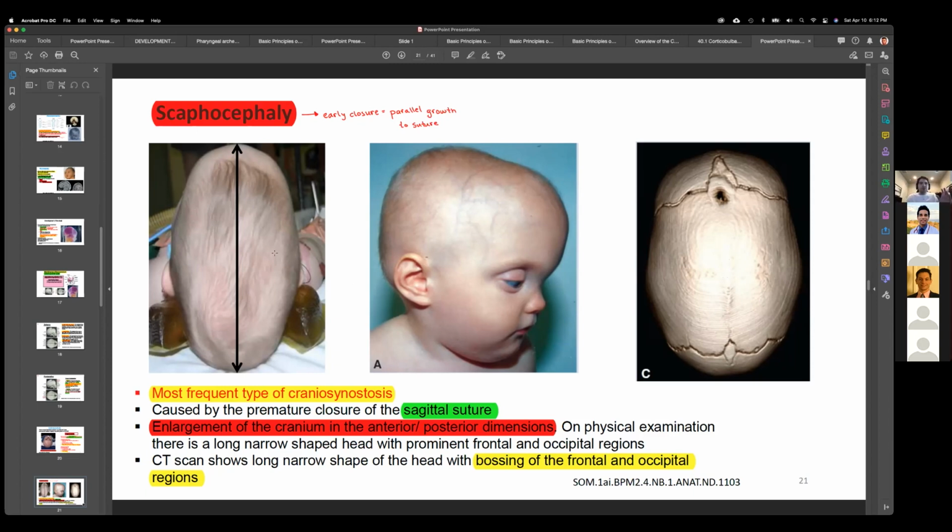The coronal sutures that run laterally control the growth anterior posterior. So whichever direction the suture is prematurely closed is the direction of growth, because the perpendicular sutures are the ones that control that direction. So early closure, parallel growth to the suture.